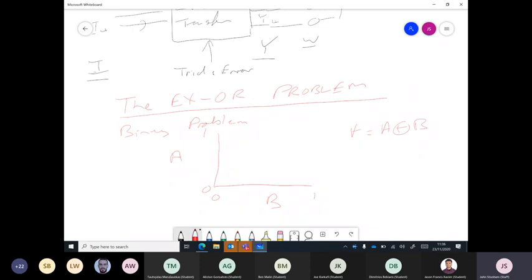Now, if I take 0, 0, it is going to be f equals 0. If I take 1, 1, it is going to be f equals 0. I hope you remember this from level 1. If I take 1, 0, it is going to be f equals 1. And I take 0, 1, f is going to be equal to 1. F equals 0, f equals 1. No linear surface exists.